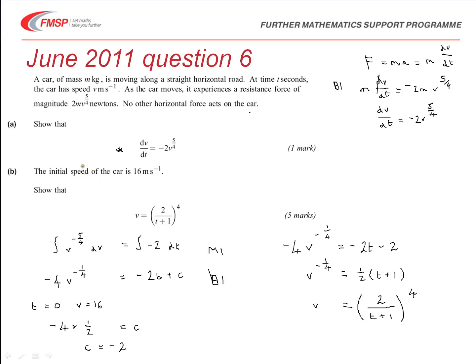Then substituting t equals 0, v equals 16 will be a method mark at this point, and obtaining the value of c accordingly will give you a mark, and then rearranging to find the expression in terms of v gives you the final mark that you require.